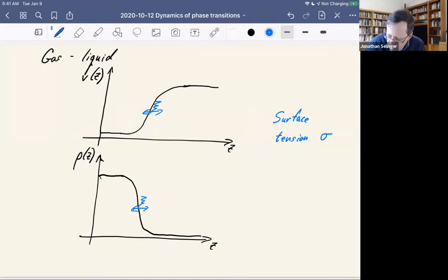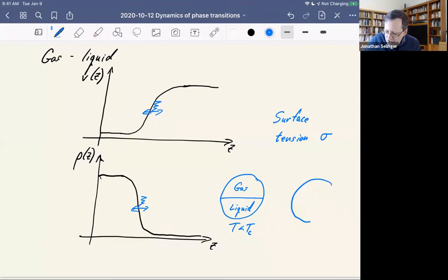And so I had some illustration where there was a container with gas and liquid, and this is at T less than Tc, right? And then when you raise the temperature toward Tc, the interface becomes fuzzier, more blurred out. And when you go all the way up to Tc, then the interface becomes infinitely fuzzy.